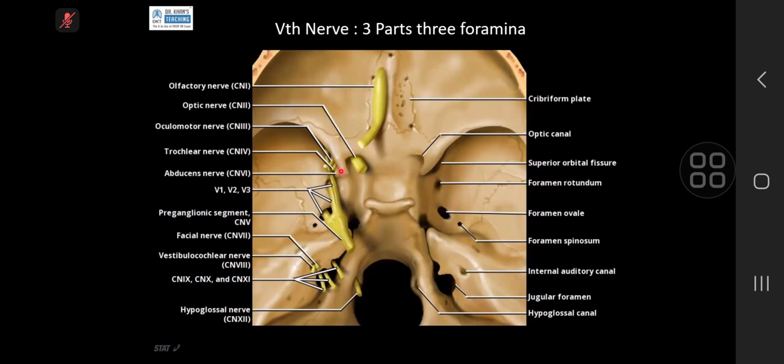So these are the third nerve, the fourth nerve, the sixth nerve, and the V1. They will pass through the superior orbital fissure. The V2 will pass anteriorly through foramen rotundum, and the V3 will pass inferiorly into the foramen ovale. So these are again shown on this side.